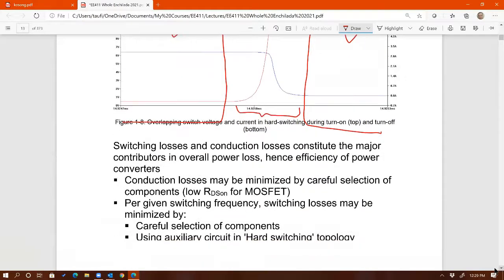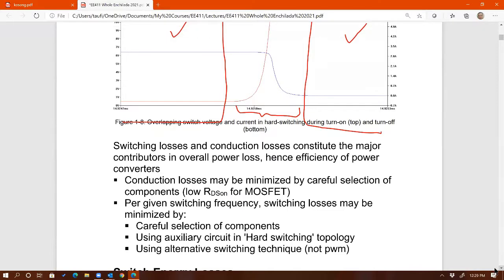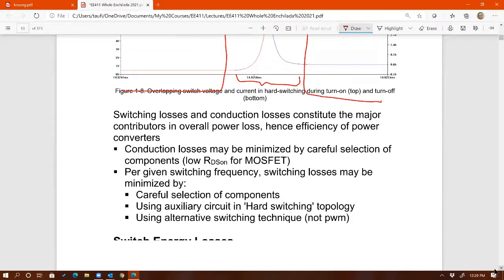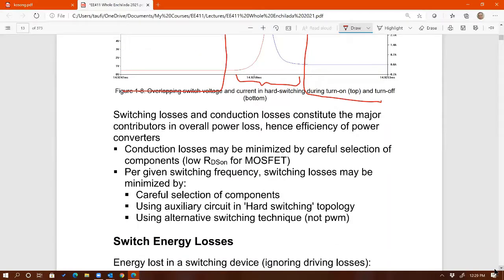That translates into efficiency. The more overlapping, the longer the time, the bigger the loss. The more overlapping you get, the more loss you'll end up with, and at the end of the day, you get a less and less efficient converter.